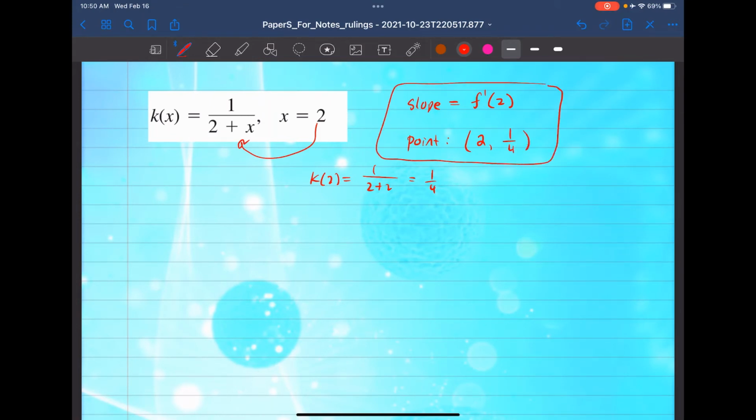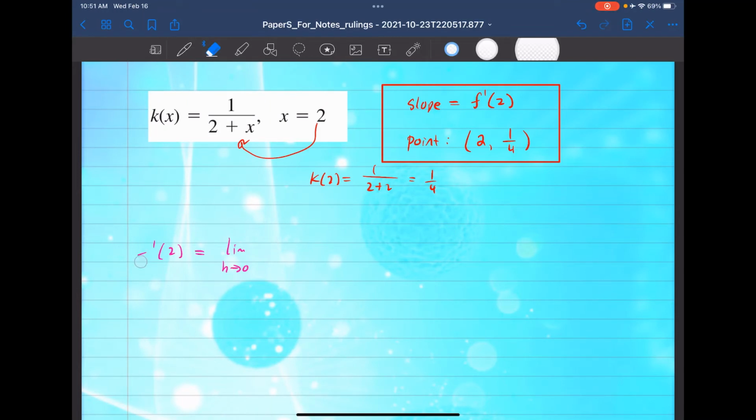So now the only thing remaining to find is the slope. Let's go ahead and do that. We're going to be using the limit definition one more time. So the derivative at 2 is going to be the limit as h approaches 0 of f of, well, in this case we're using k, so I'm just going to switch the notation to k prime. So it'll be k of 2 plus h minus k of 2, divided by h.